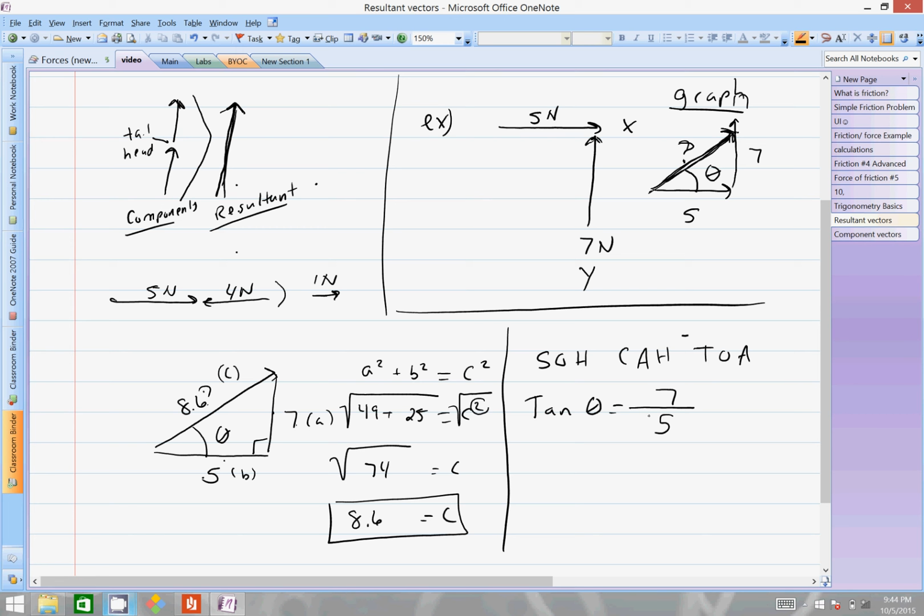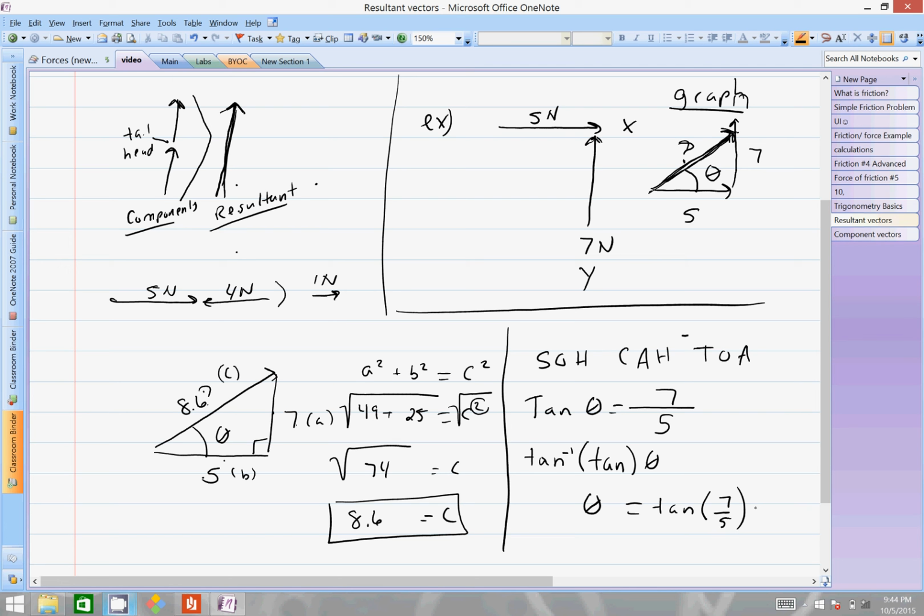So the tangent of the angle is equal to the opposite, which is 7, over 5. In this case, take the inverse tangent, the tangent to the minus 1. The inverse tangent of a tangent just wipes out the tangent, and I get just theta. But if I'm going to do this algebraically, I do it to both sides, so it would be the inverse tangent of 7/5.